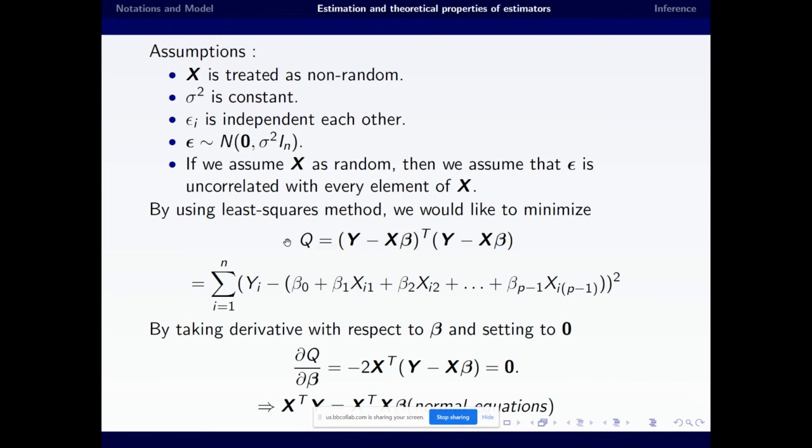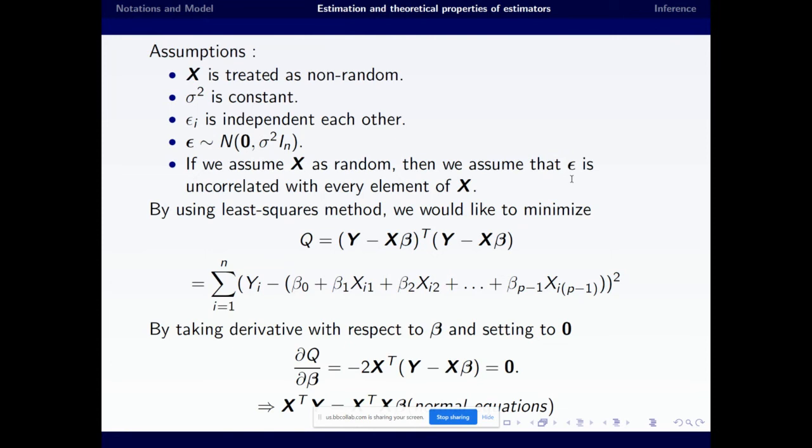And if you assume X is random, then we assume that epsilon is uncorrelated with every element of X. The vector epsilon is the leftover from modeling Y on X. So there is no systematic part of the model in epsilon if our linear model is correctly specified.